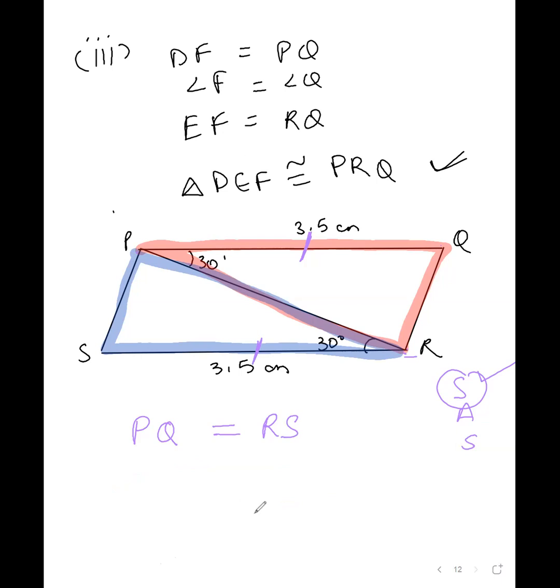Tell me about the side first. The other side, this one. What do we know is already equal? PQ and RS. That too we've done. And we have to have another side that is equal, right? Only then we can have the SAS congruency criteria.